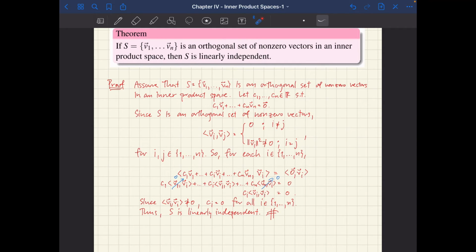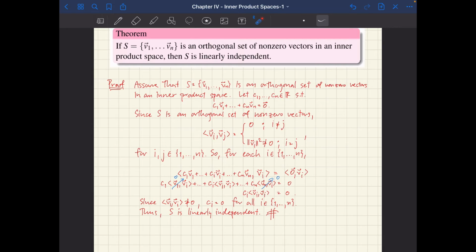And the inner product of vi and vj is equal to 0 if i is not equal to j. This is true for all i and j from 1 to n, because we have n vectors.